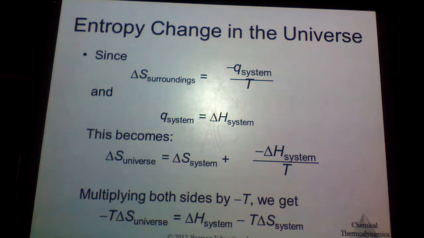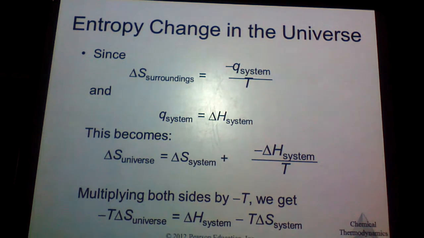And I also know from chapter 5 that heat, Q, is also equivalent to the change in enthalpy for the system. So let's substitute delta H in for the Q value up here. If I do that, that would give me the change in entropy of the universe is equal to the change in entropy of the system plus change in enthalpy over temperature.